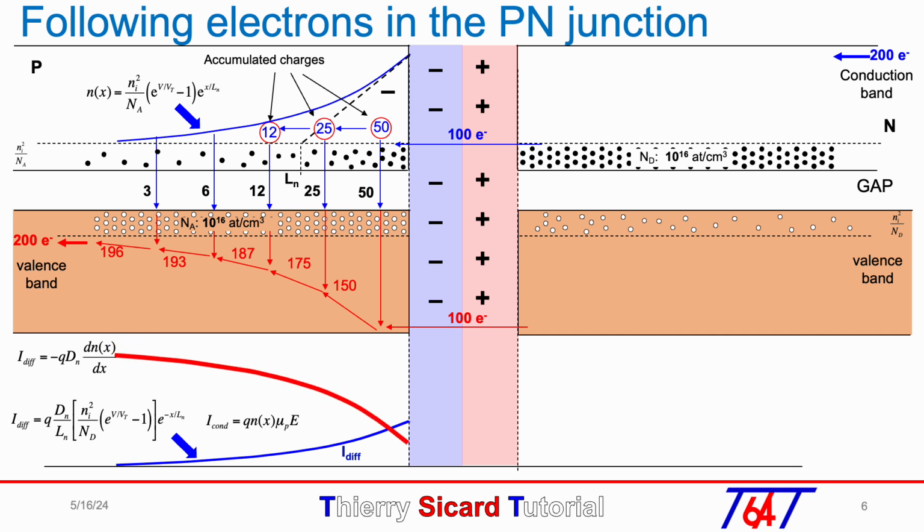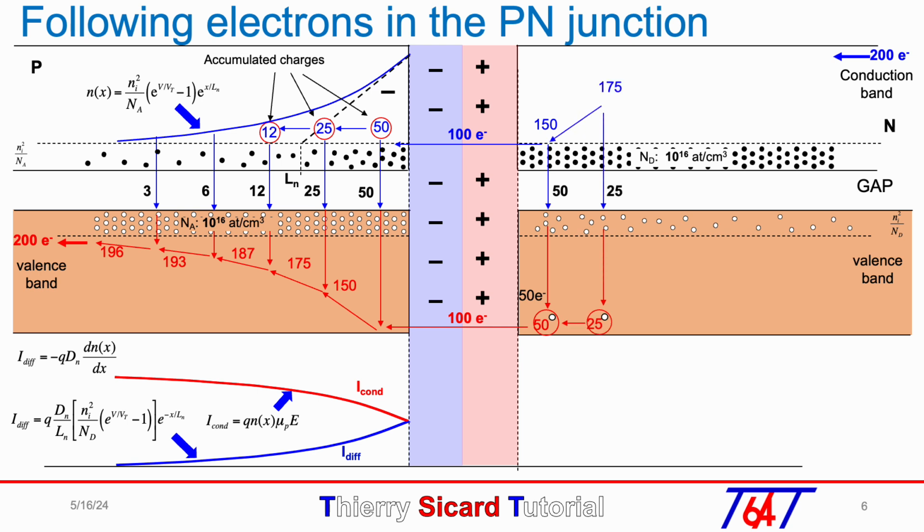so from the electron density we can get the conduction current. Now, if we look at the n side, the 100 electrons noted in red crossing the space charge area in the valence band are formed by 50 electrons coming from the high energy electrons in the conduction band, which choose the low energy position in the valence band, plus 50 electrons taken in the valence band and leaving 50 lacks of electrons, or holes.